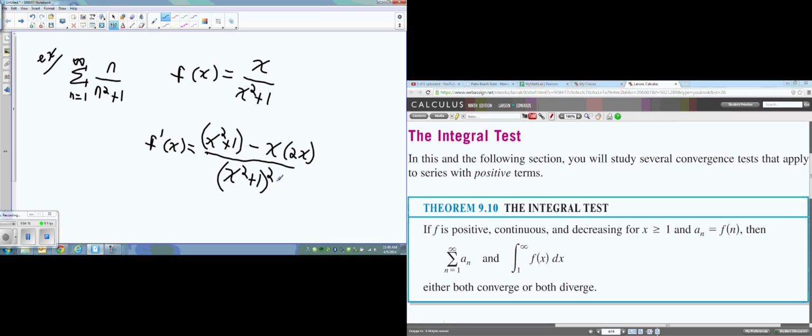And this seems to yield, we have x squared and we have minus 2x squared. These are going to yield a negative x squared, and we have a positive 1. So the numerator is 1 minus x squared. And the denominator, we can keep that as x squared plus 1 squared.